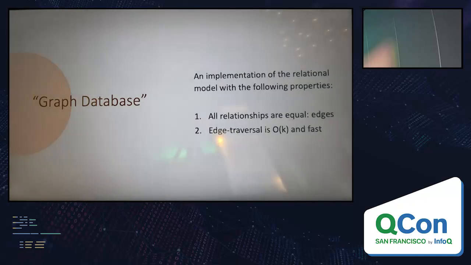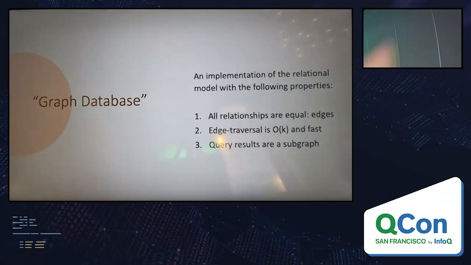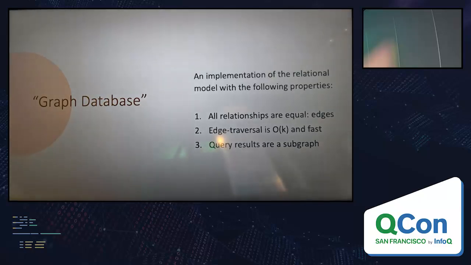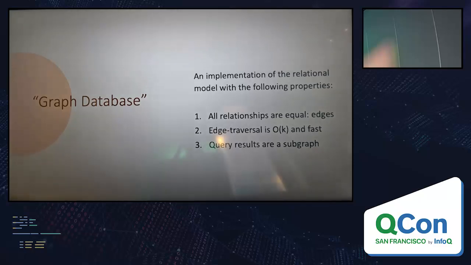You want a smaller graph that performs better, right? That turns into harder to manage. Okay. Query results are a subgraph. If I'm going to have a big graph with a lot of edges, I want to ask complex queries of it. I need to return structured results that the application actually wants to consume.